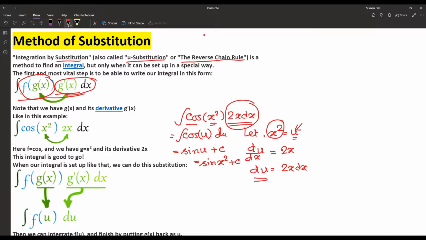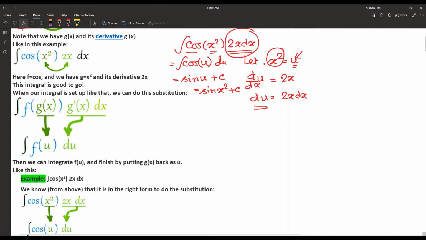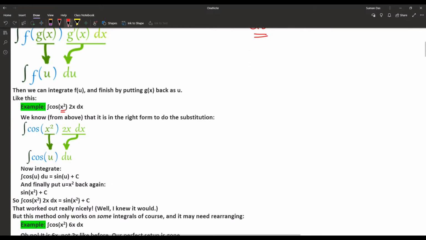Now let us check the complete thing with that particular formula. Here we are taking x square as u. Now when u is equal to x square, we get du is equal to 2x dx.